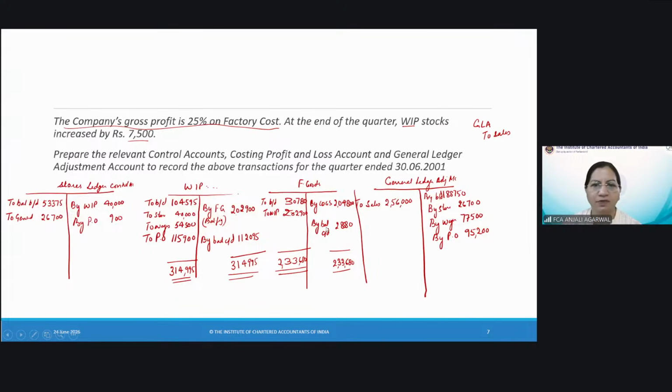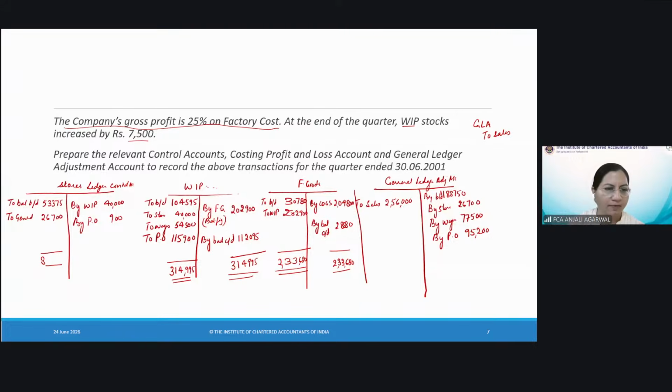And work in progress is complete, finished goods is complete. Let's balance the stores. You had stores material worth 53,375 plus 26,700 currently purchased.